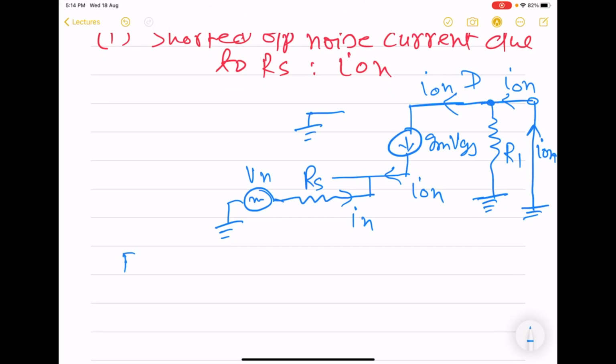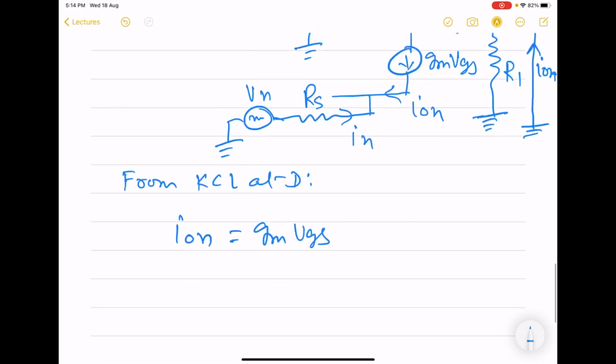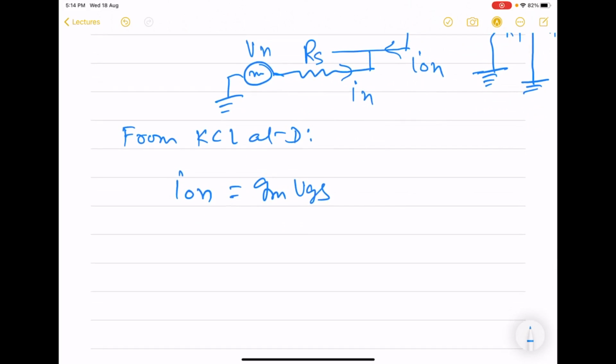So from KCL at drain, we find that IoN is equal to gm VGS. And since gate is grounded, so this is minus gm Vs. So we need to find out the source voltage.